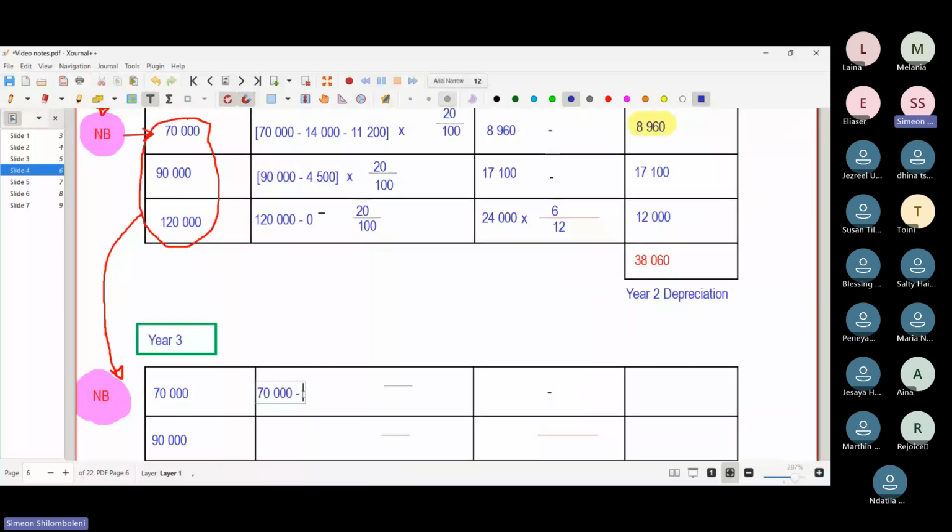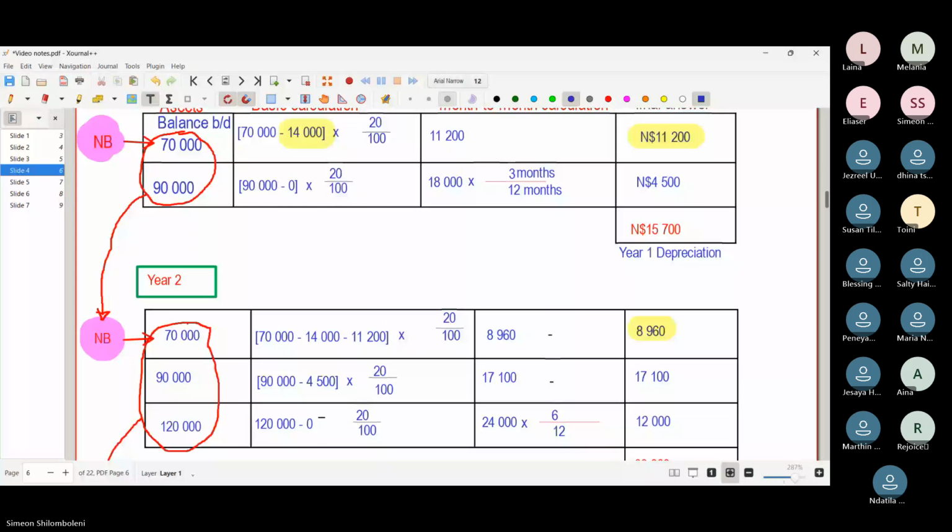Maybe I should do this. How much do we get? Are we all here? 34,160.